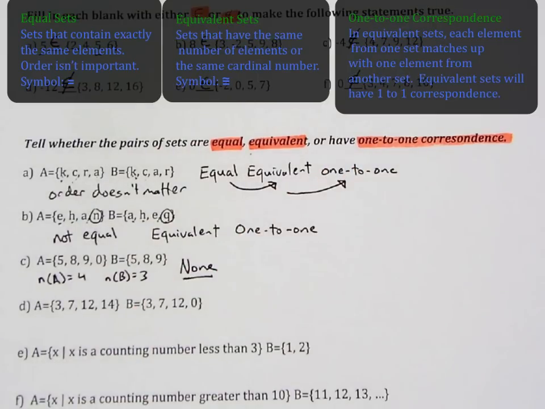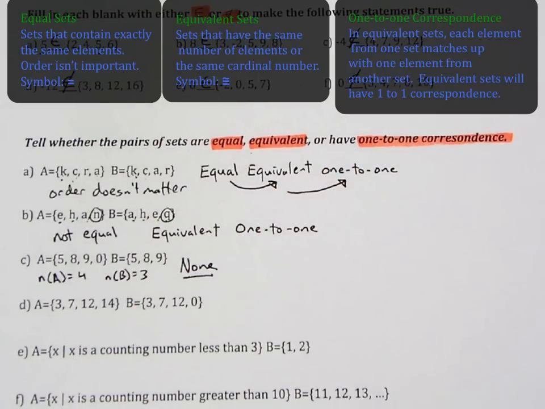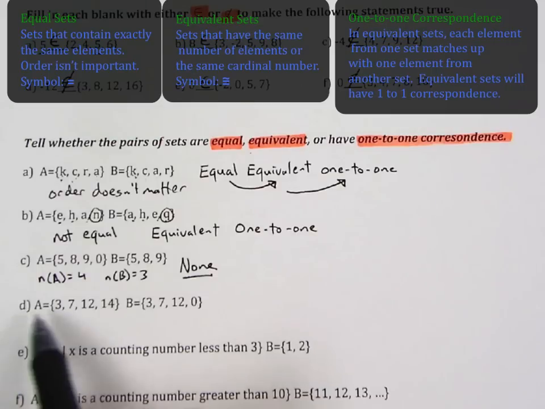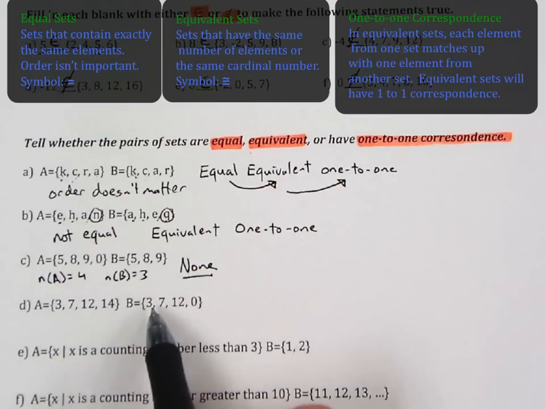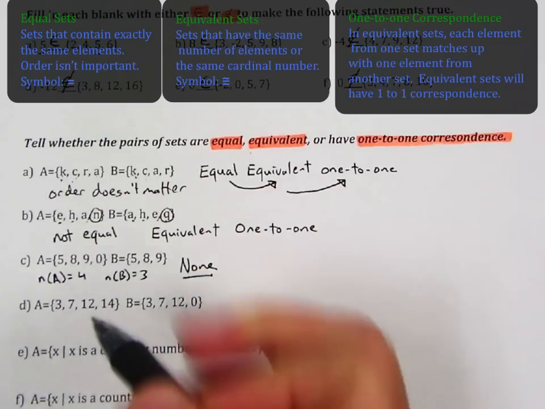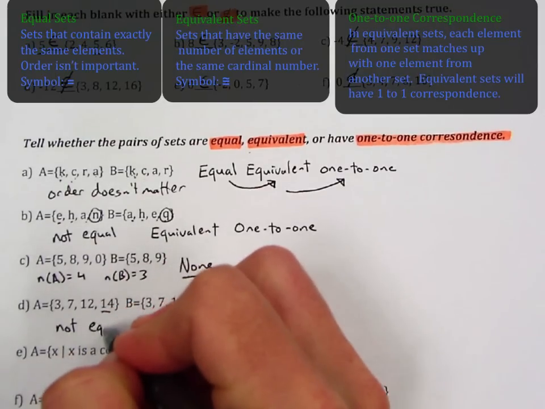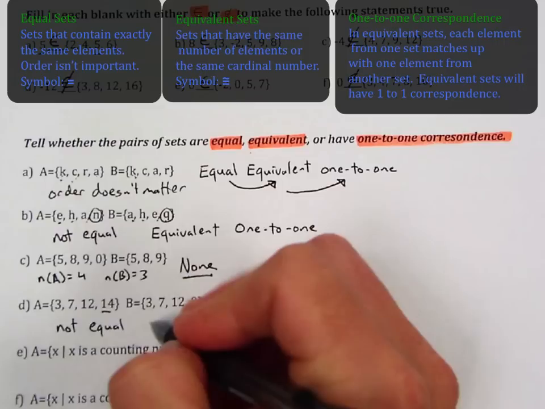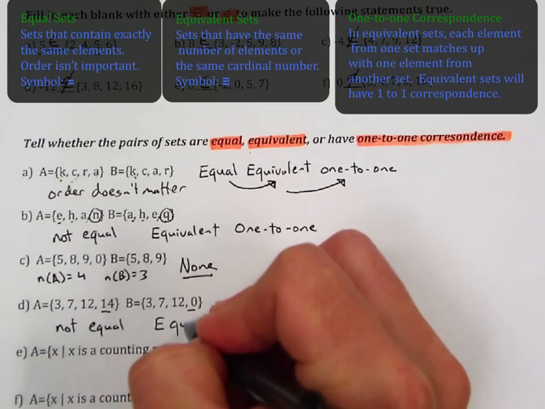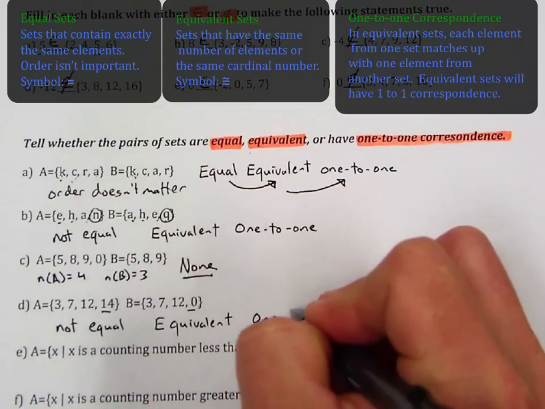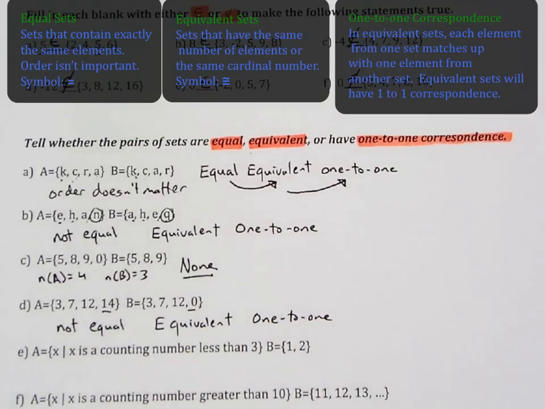Okay, so here it has none of the attributes. Okay. In letter D, we have 3, 7, 12, 14, and 3, 7, 12, and 0. So they're not equal, but because they have the same number of elements, they are equivalent and have one-to-one correspondence.